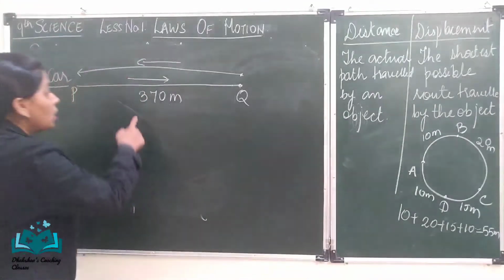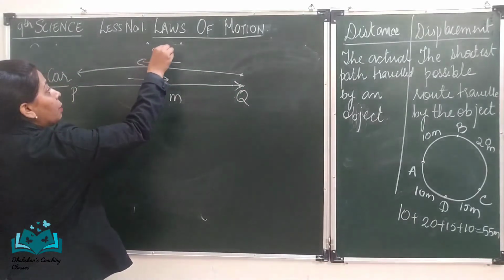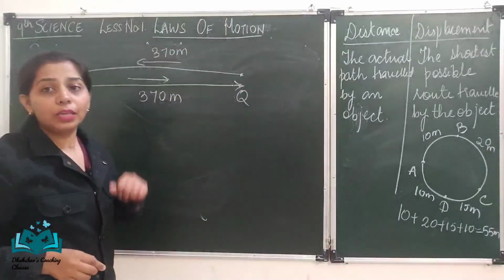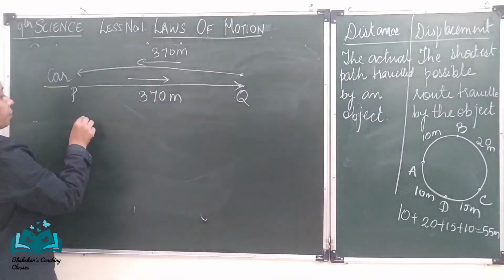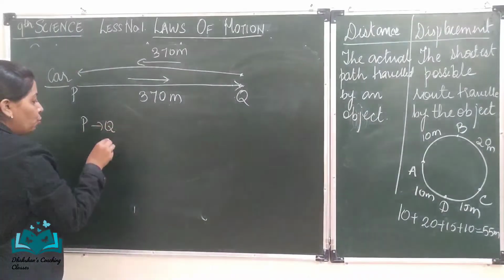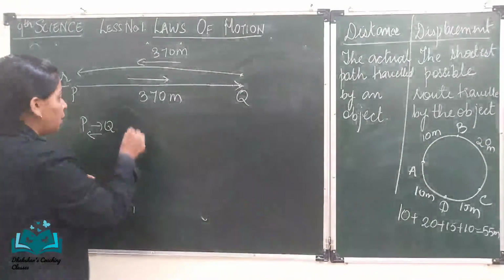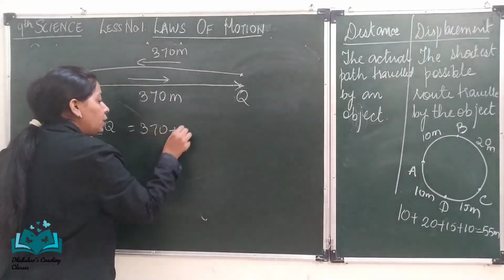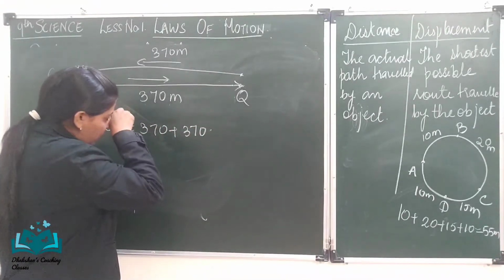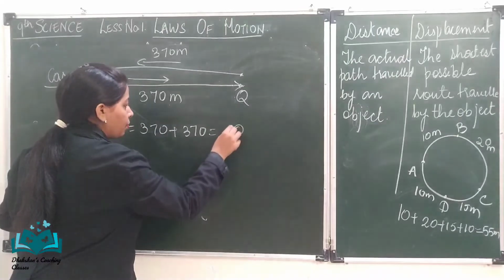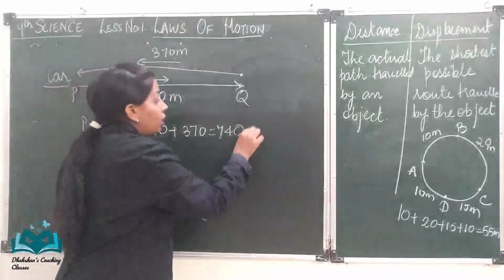But my dear students, for going it is traveling 370 meters and for coming back also it is traveling 370 meters. So the actual distance travelled from P to Q and back from Q to P will be 370 plus 370. So it will be 740 meters.